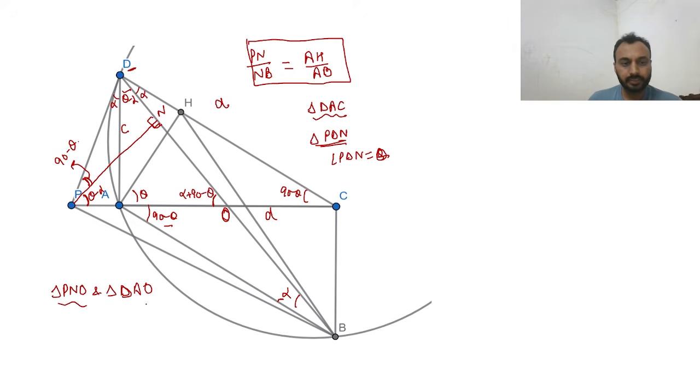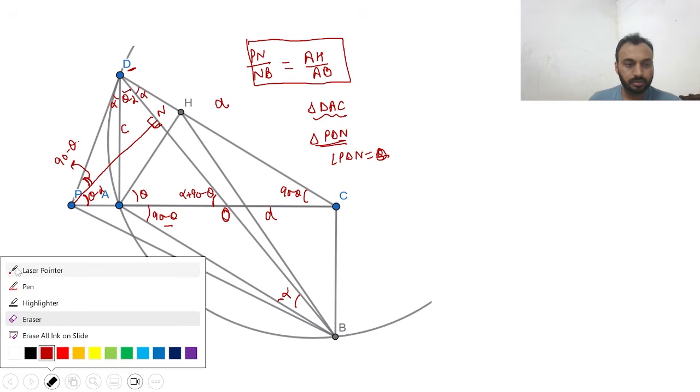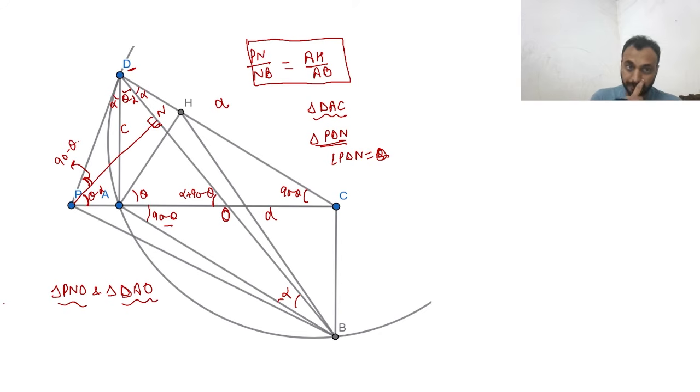So these two triangles are similar. First we write the order in which they are similar: triangle PNO is similar to triangle DAO.